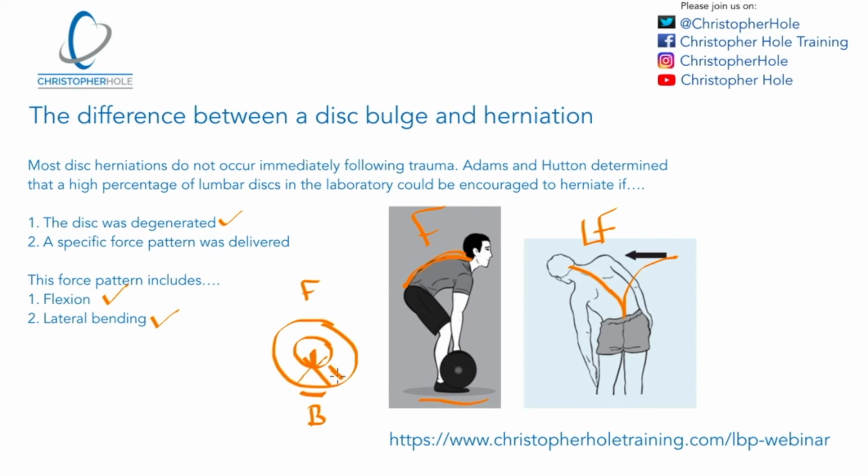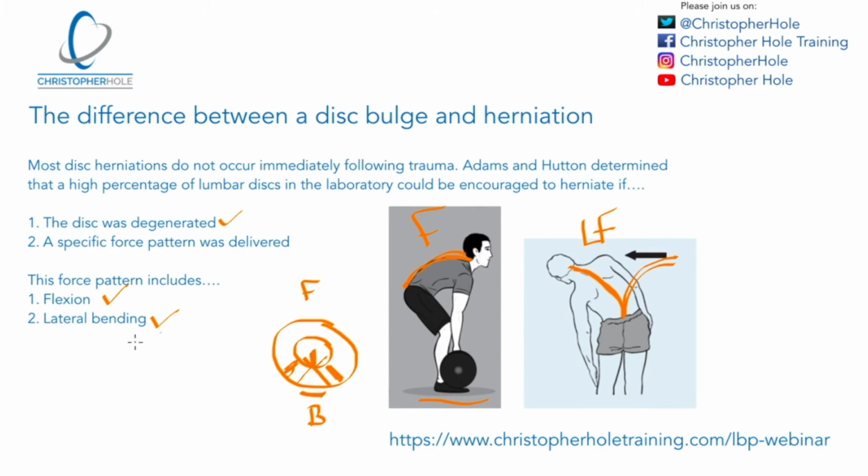Now if it goes to the side, it usually involves some kind of lateral flexion either way. So if it bulges to the sides here or here, it will generally involve flexion and lateral flexion. Now as I mentioned, that can be from poor lifting, poor posture, or poor exercise technique.